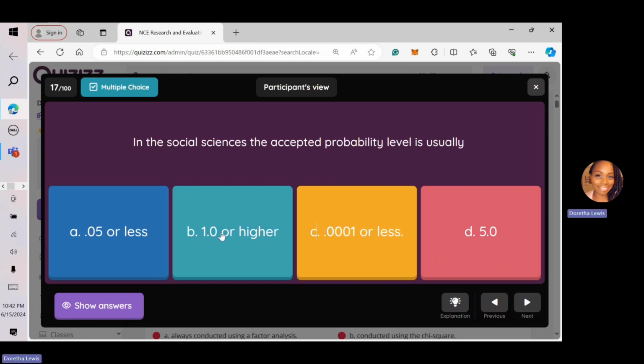Same thing for this one, it'll be 10%. The same thing for this one, it'll be 5%. This will be 50%, right? We don't want to have a 50% chance of error. So ideally, an acceptable probability of error is 5% if you move this decimal over.